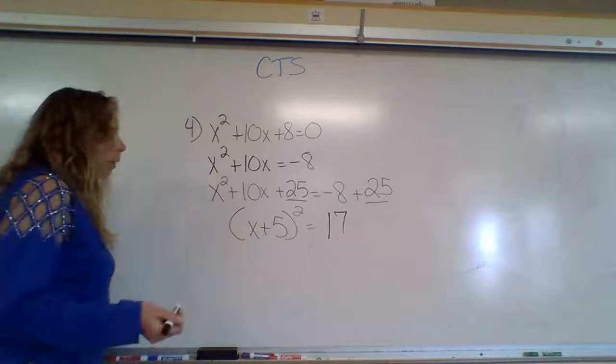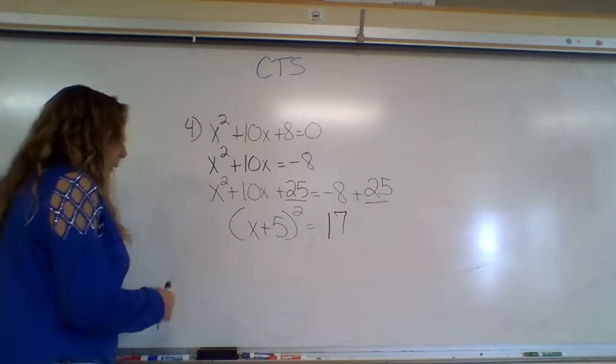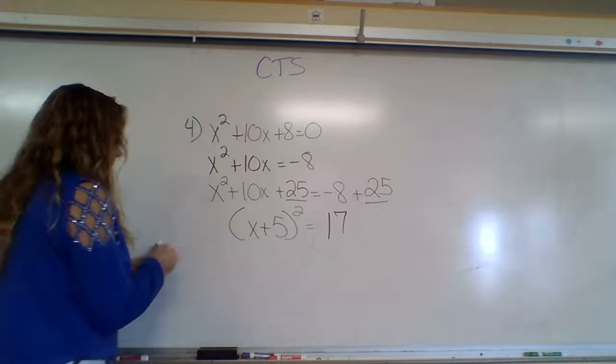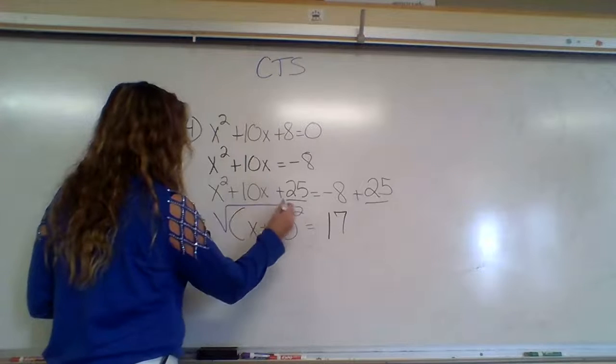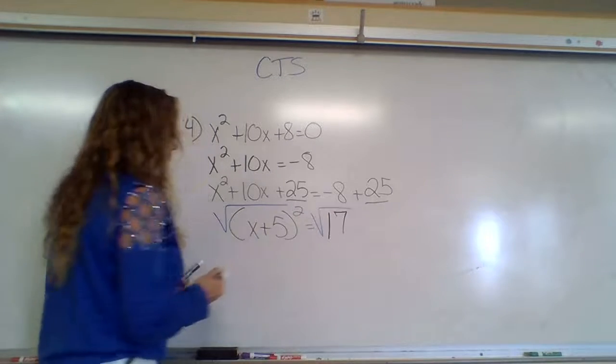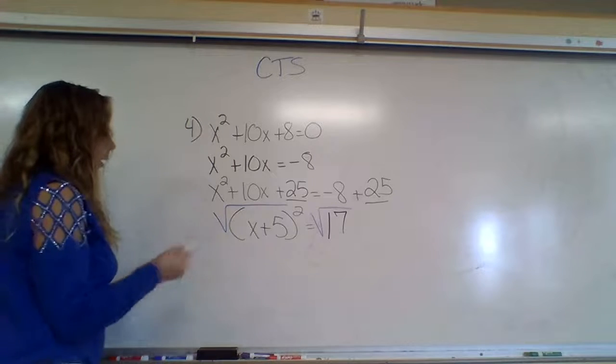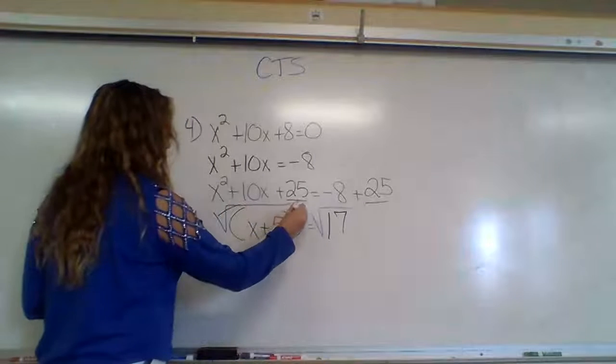So now, you have to take the square root of both sides. These cancel each other out.